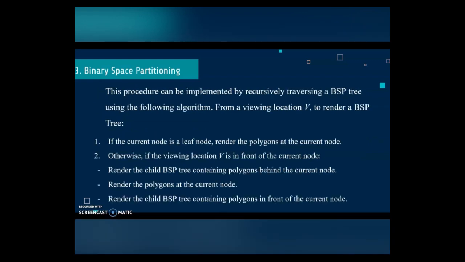So number one, if the current node is a leaf node, render the polygons at the current node. Otherwise, if the viewing location V is in front of the current node, first and foremost we render the child BSP tree containing polygons behind the current node. Then we render the polygons at the current node, and last but not least, we render the child BSP tree containing the polygons in front of the current node.